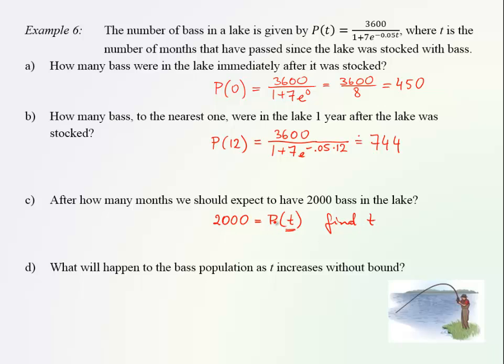Plug in the formula for P of t. So under y1, you will have your P of t expression, and under y2, you may want to use 2000 as a constant function. And after graphing both of these, you're finding the t-coordinate of the intersection point.